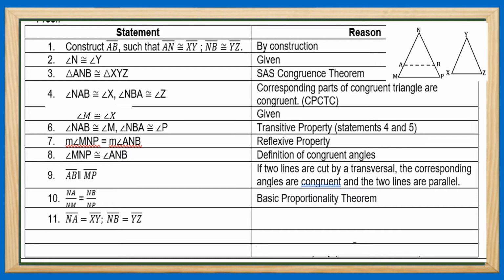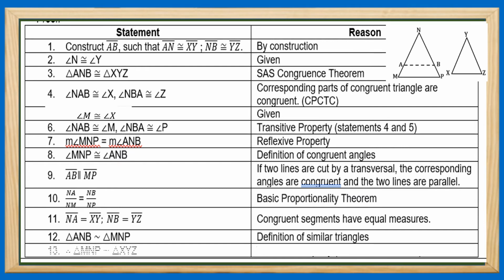So NA is equal to XY, the same with NB is equal to YZ, because congruent segments have equal measures. So triangle ANB is similar to triangle MNP by definition of similar triangles. Therefore, triangle MNP is similar to triangle XYZ by transitive property using statements 8 and 12.